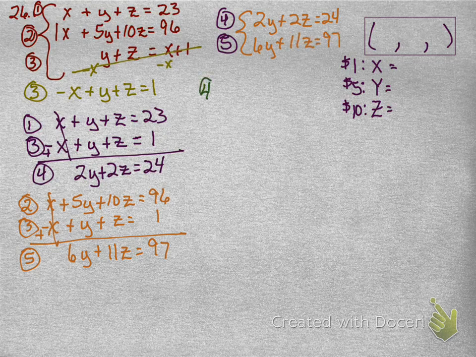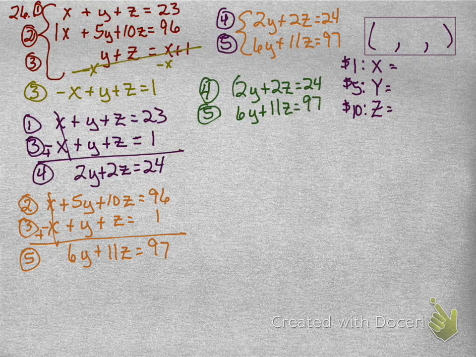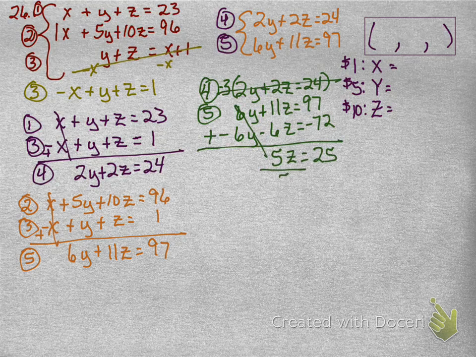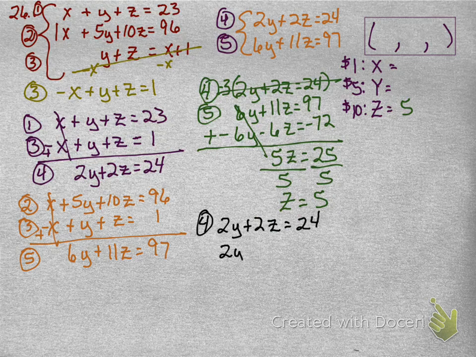Okay, now I'm going to use problem 4 and 5, and I'm going to get rid of my y's. So I'm going to multiply my first equation by negative 3. That gives me Z is equal to 5. So I have 5 $10 bills. I'm going to plug Z into equation 4.